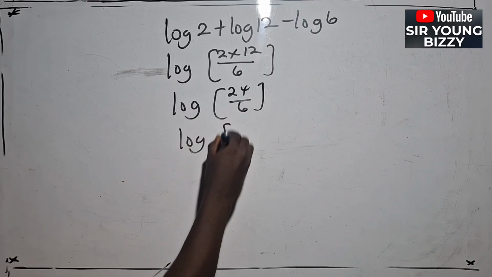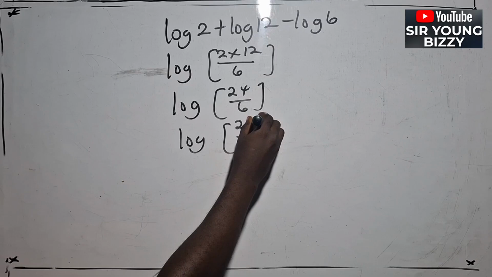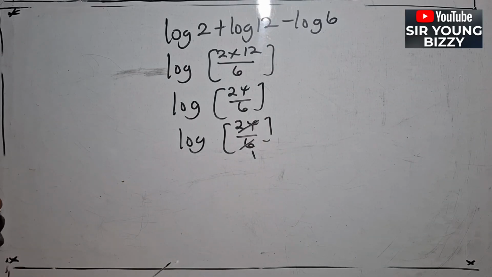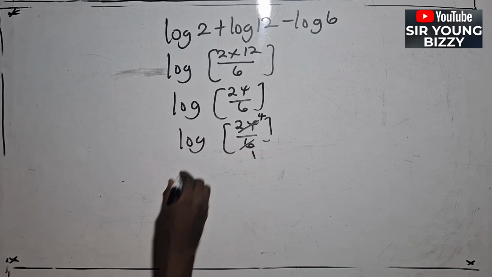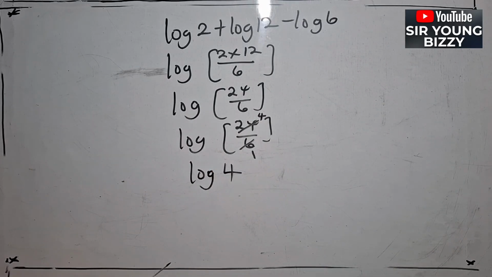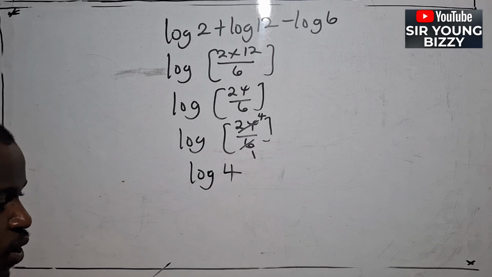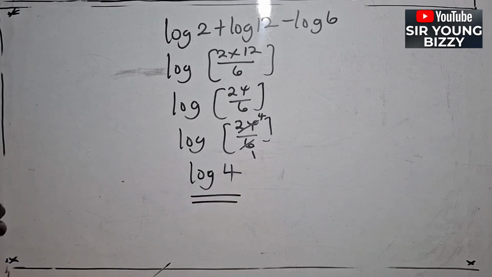So log 24 over 6. 6 will divide 24 four times. So this is going to give us the log of 4. We have expressed it as a single logarithm. So this is how this question is also solved.